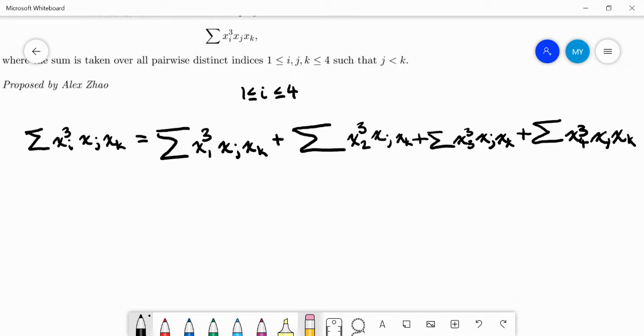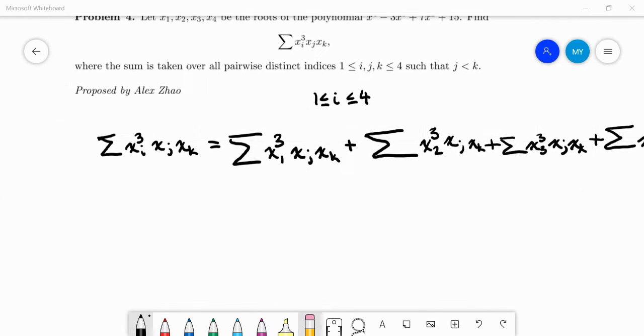I mean, it doesn't look friendlier now, but it will in a bit. So this still has a bit of notation to it. Let's zoom in our focus to one of these smaller sums. What are we summing over? We're summing over all indices such that j is less than k, and j and k are distinct from i. So in this sum, j and k are not 1.